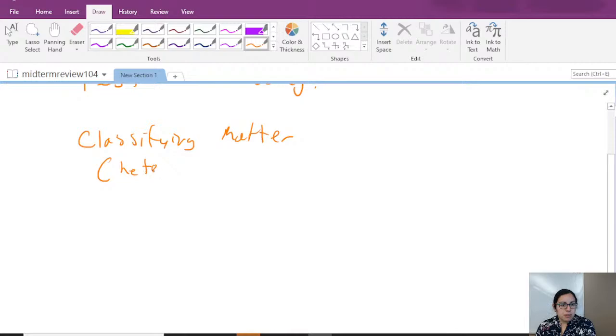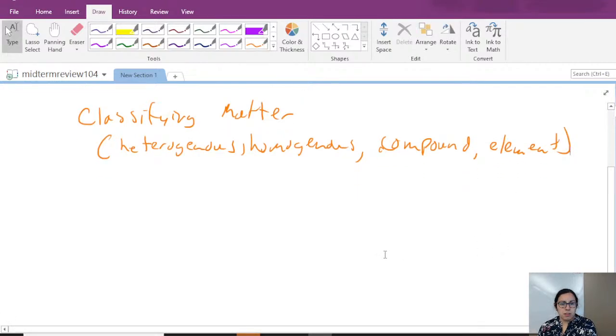And so our options are heterogeneous, homogeneous, compound, or element. And so the ones we'll be looking at today are the following.